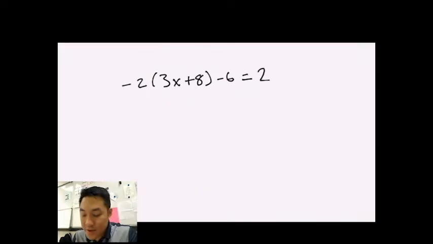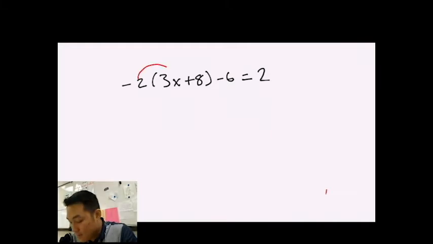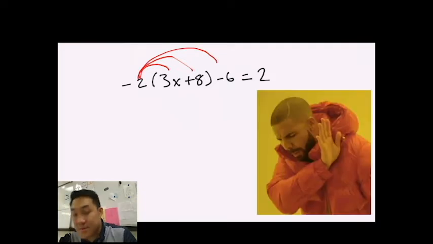Alright, let's look at another problem. So now I've got negative 2, open parentheses, 3x plus 8, close parentheses, minus 6 equals 2. Alright, so let's try this. So according to Drake, we're going to take the negative 2 in front, multiply it to the 3x, to the 8, to the negative 6. Oh, wait.